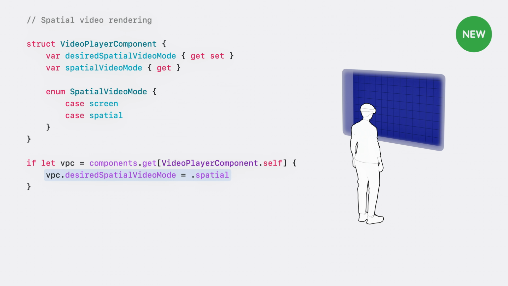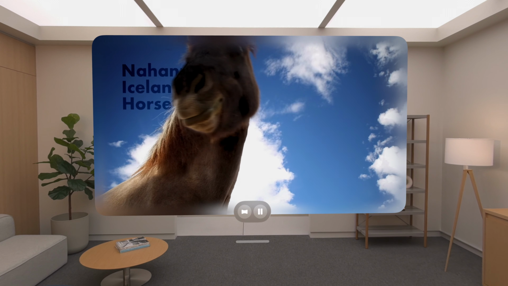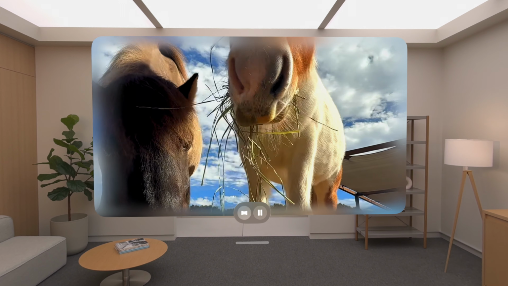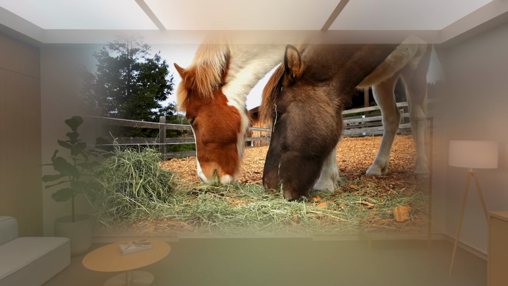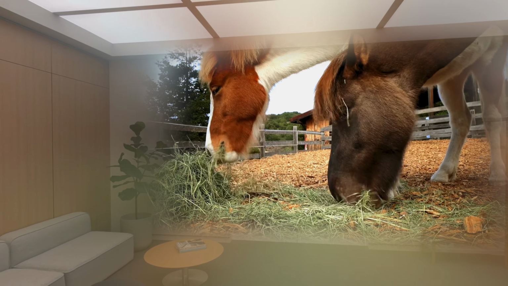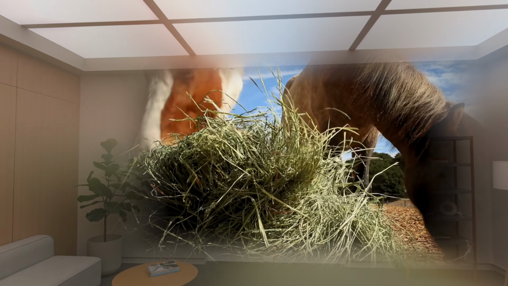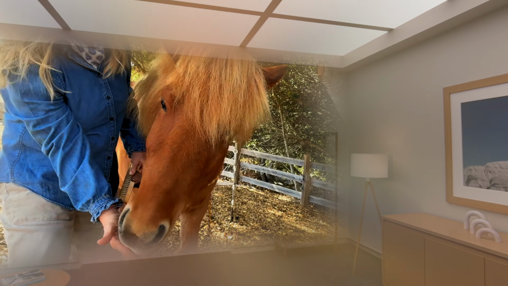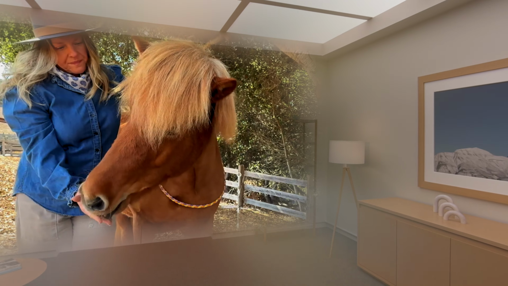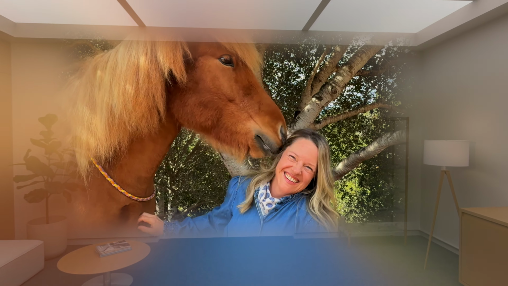To opt in to spatial styling for spatial videos, set desiredSpatialVideoMode to spatial. Spatial rendering supports both portal and full immersive viewing modes. Unlike other immersive video types, spatial video immersive rendering is always configured with an immersive viewing mode of full.